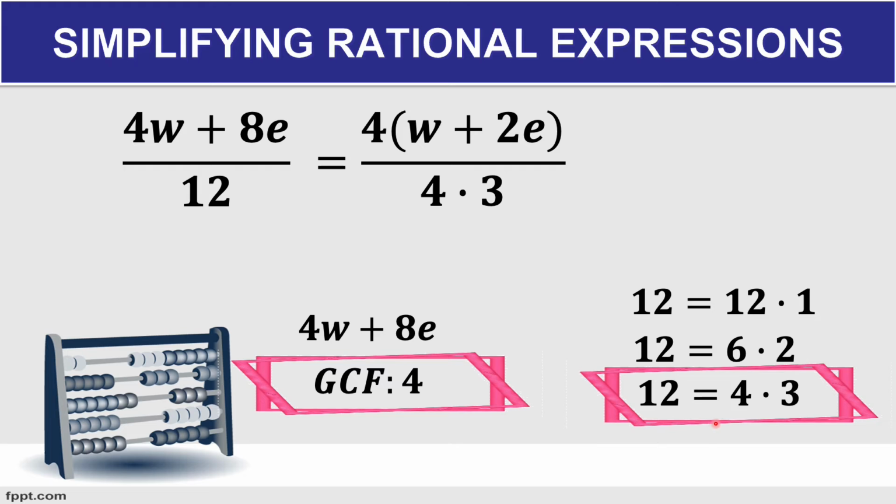So, that is 4 times 3. Ito ngayon yon. Then, cancel out natin ngayon yung 4 kasi 4 divided by 4 is 1. Kaya tayo nagka-cancel out para ma-simplify natin yung given natin. Then, ang final answer natin ngayon is W plus 2E over 3.